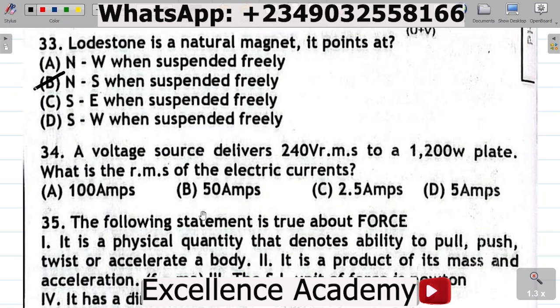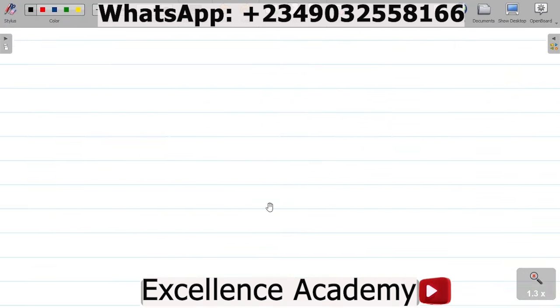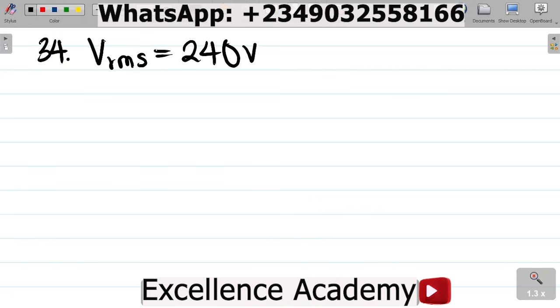So VRMS, root mean square voltage, is 240 volts. You have power P equal to 1200, so 1200 watts. We know it's power because the SI unit is watts.